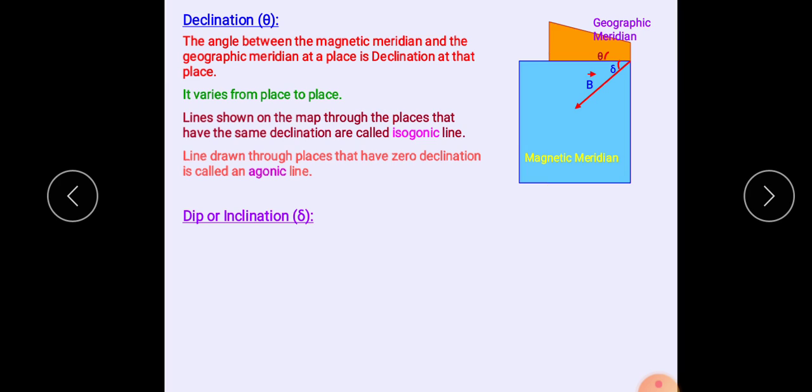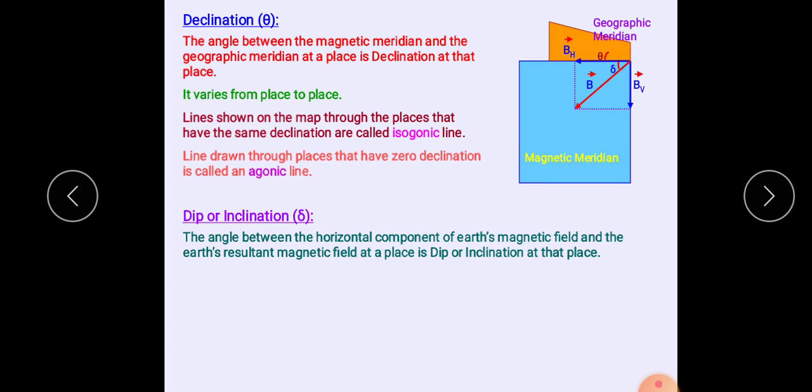It makes an angle delta with the horizontal direction, and the horizontal component of Earth's magnetic field is BH, while the vertical component is BV. BV stands for vertical, H stands for horizontal.